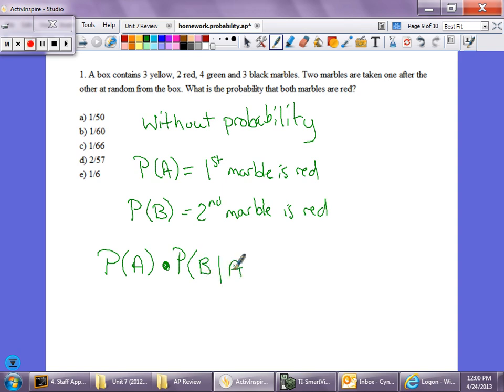When we do that second probability, the first probability is the easy one. The second one, we just have to remember we're looking at the probability that the second one is red, given that the first marble we pulled out was red. That second probability is going to change based on what happened in the first instance.